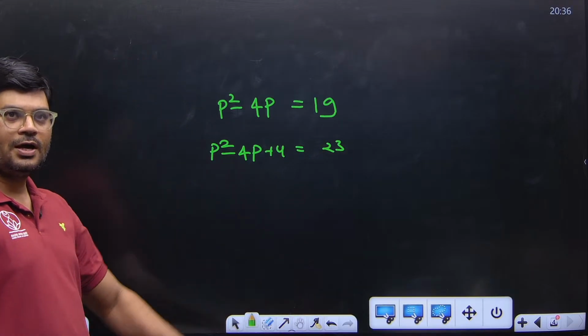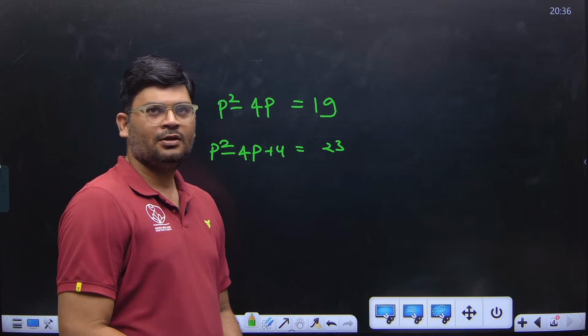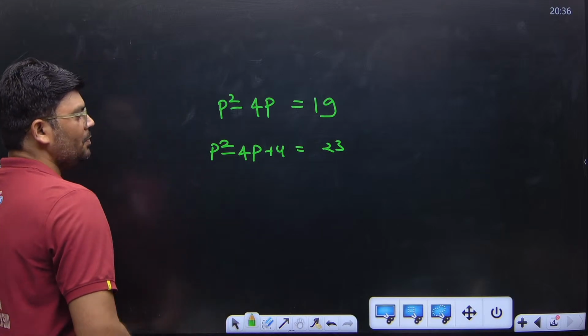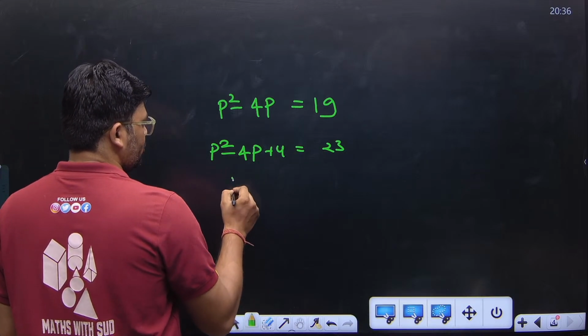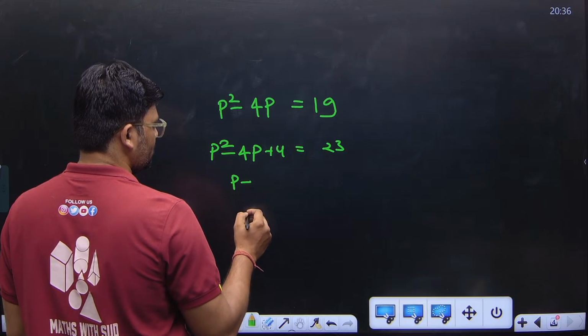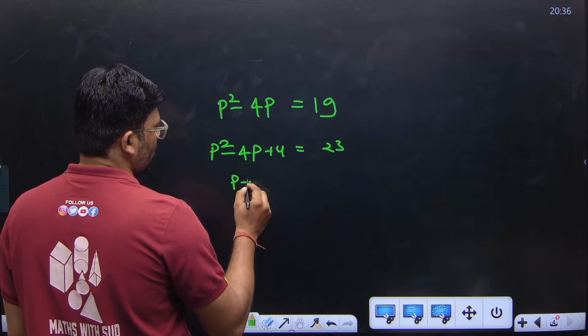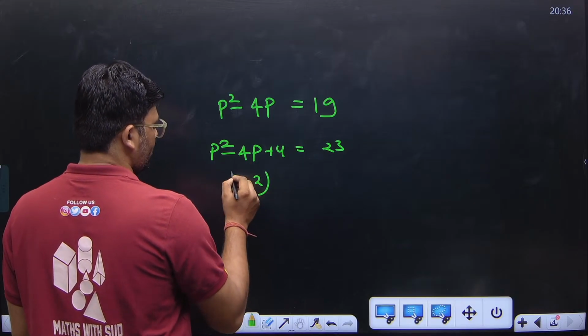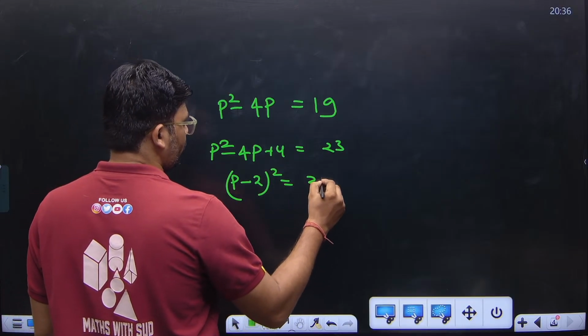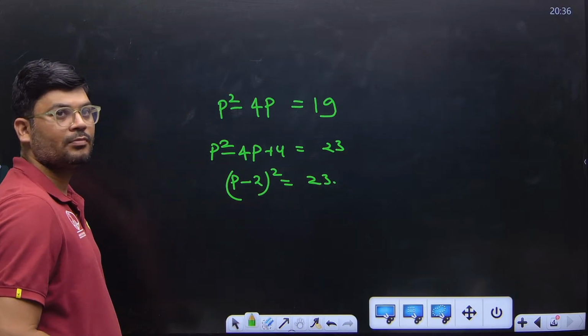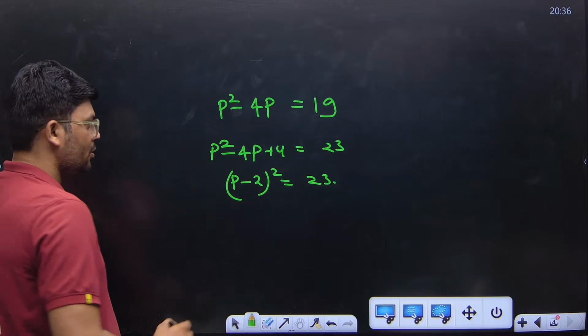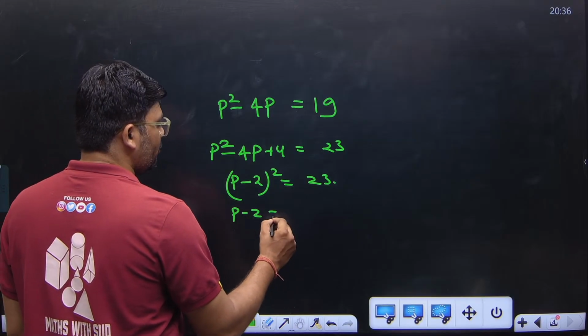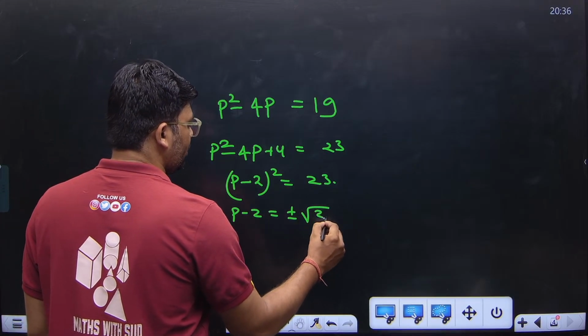You can't add only on this side. So you will get p square minus 4p plus 4 is equal to 23. So that means p minus 2 whole square is equal to 23, right? So p minus 2 will be equal to plus minus under root 23.